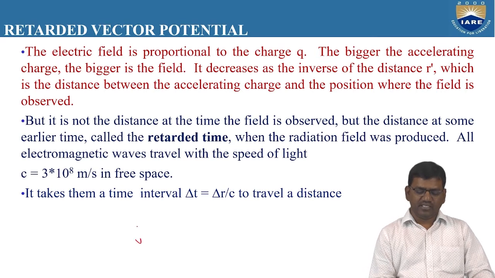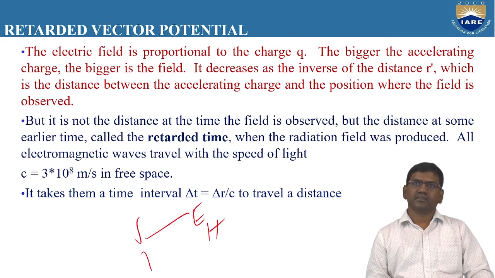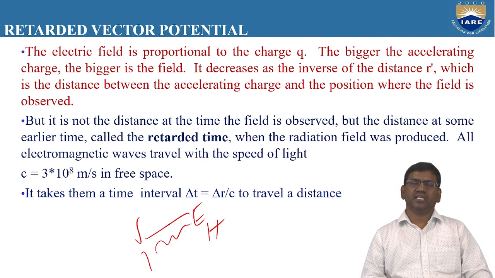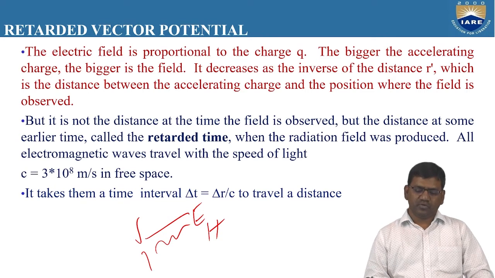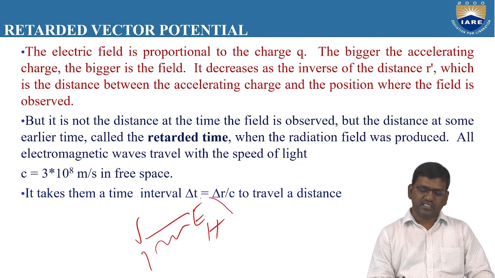Here we know that two types of fields are produced, the E and H fields. Any conductor will produce two types of fields, electric field and magnetic field.